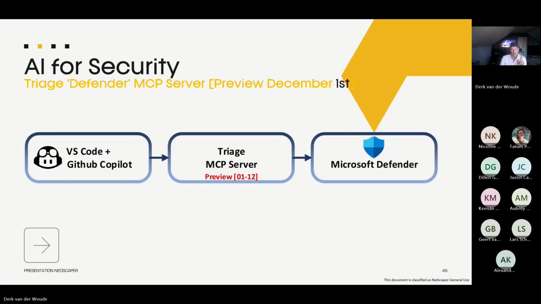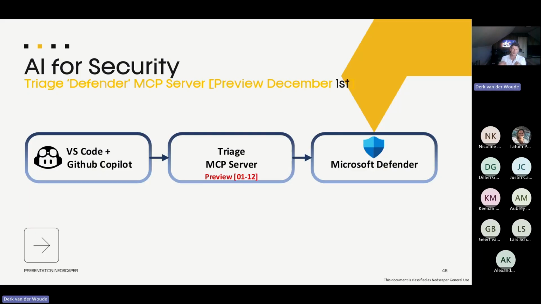This one was also released. I think it was not as big as the Sentinel MCP, but there is a Defender MCP released, which doesn't need the data lake. It will go into preview on the 1st of December, and you can only use it with Visual Studio Code and GitHub Copilot at the moment. From what I know, it was the Defender MCP during private preview.